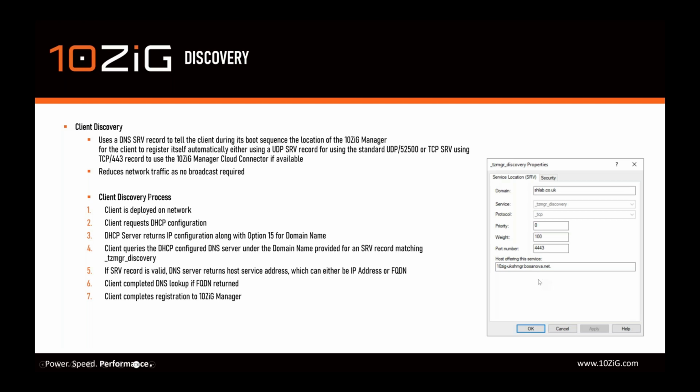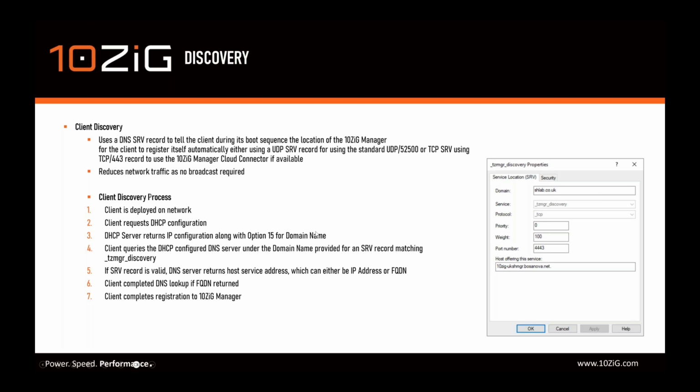Alternatively, you can use the cloud connector, which is a component of the Manager server. It is useful for allowing devices to connect back to the Manager over complex networks where network security appliances might block the normal ports used for communication between the client and server. The cloud connector can also benefit you for remotely deployed devices at, say, home worker locations, connecting back over the internet.